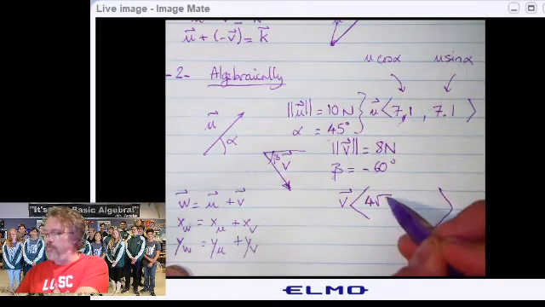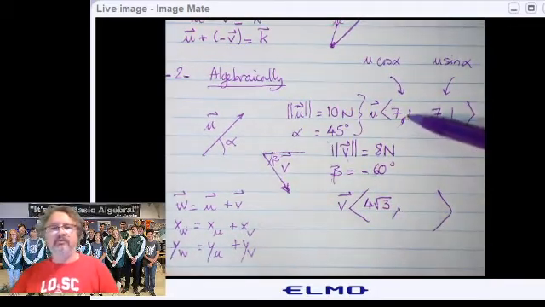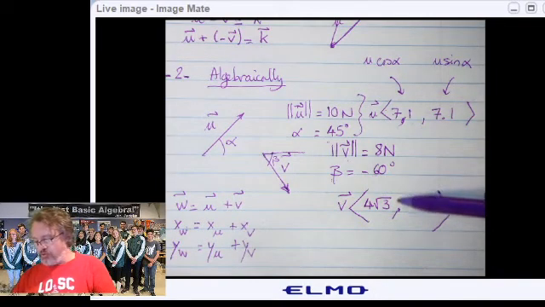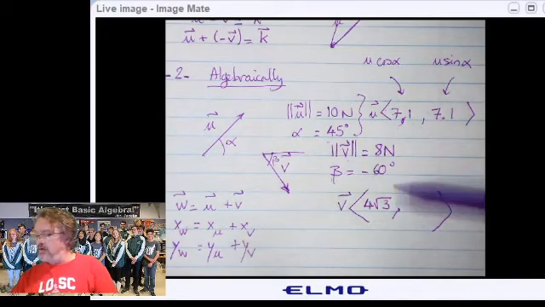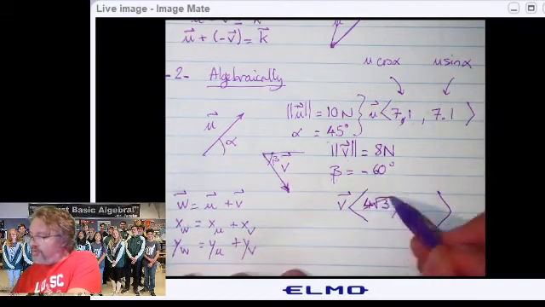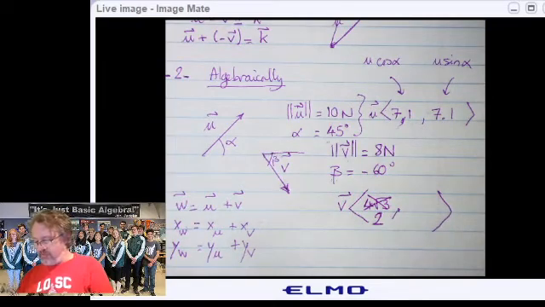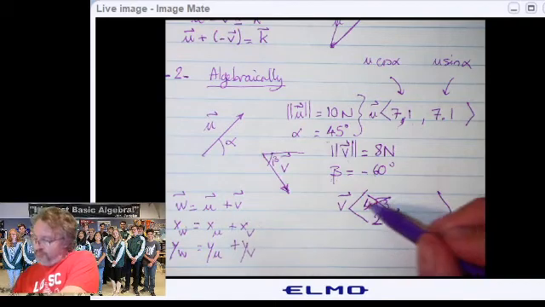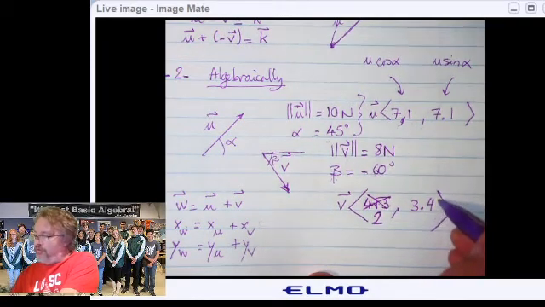Now, I understand that if you write those values right here in decimals, you might want to write this right here as a decimal as well. And I apologize for this. That's going to be 2 right here. Okay. And right here, 8 times sine 60 will be 4 root 3, which will be 3.4 or 3.46 if you prefer.